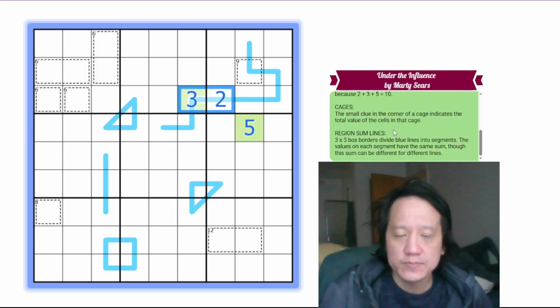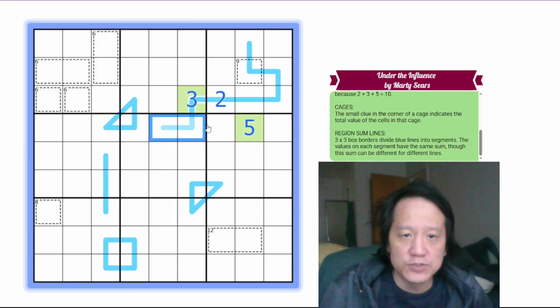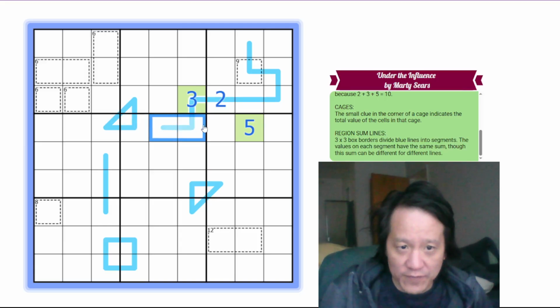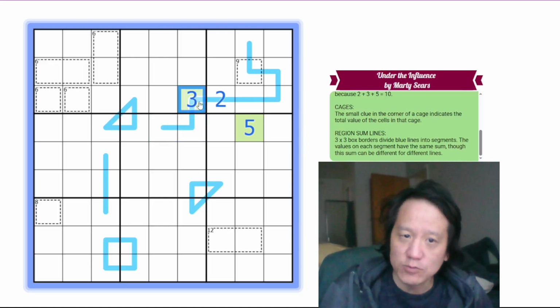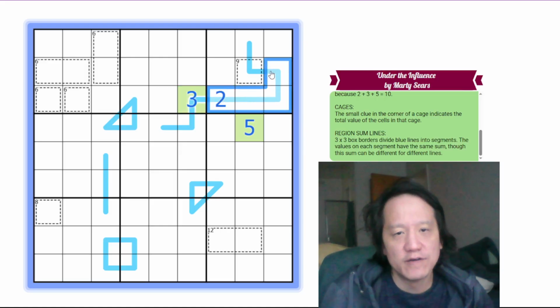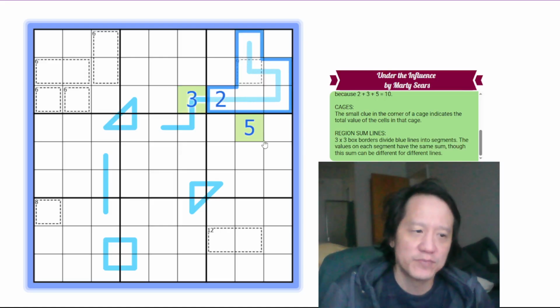And finally, we have region sum lines, where the 3x3 box borders divide blue lines into segments. The values on each segment have the same sum, though this sum can be different for different lines. So, for example, the sum of the values of these two cells must be equal to the value of this cell, which must be equal to the sum of the values of these cells.